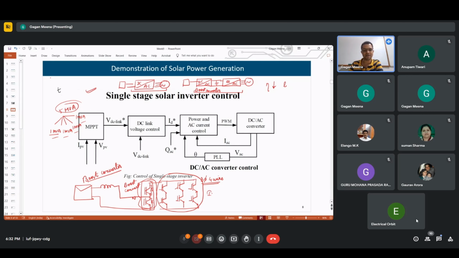If the rotor speed is less than synchronous speed, it is sub-synchronous. So we have three cases: sub-synchronous, where speed is less than synchronous speed, synchronous, and super synchronous. We can operate using DFIG in all three cases.